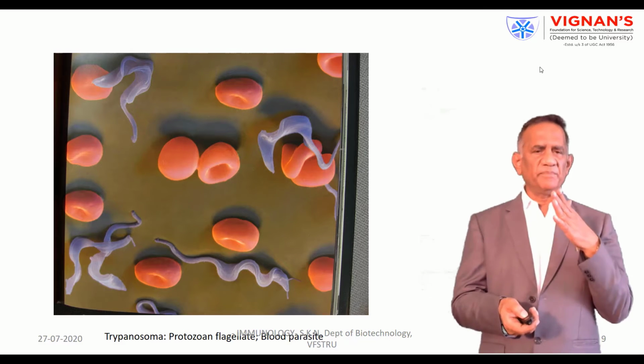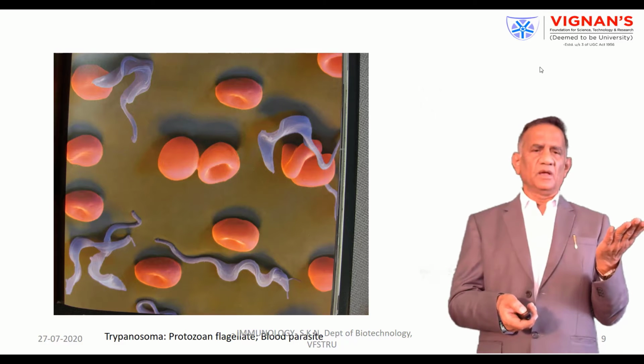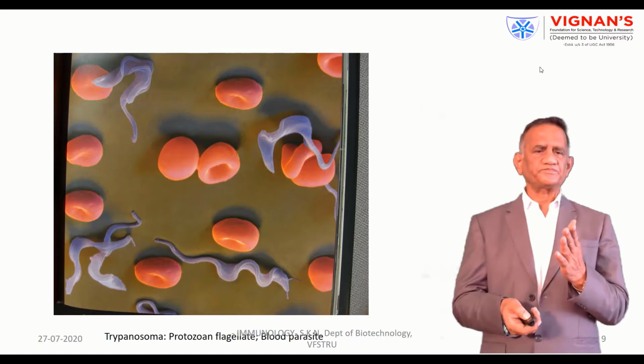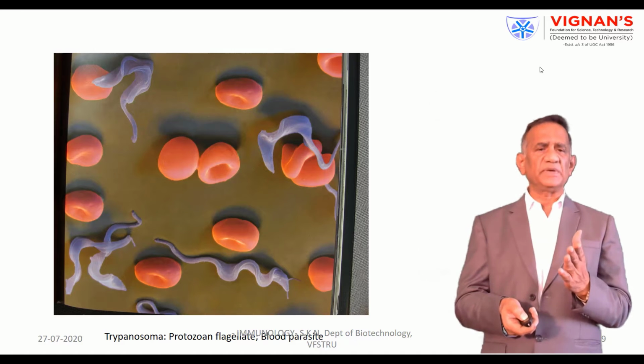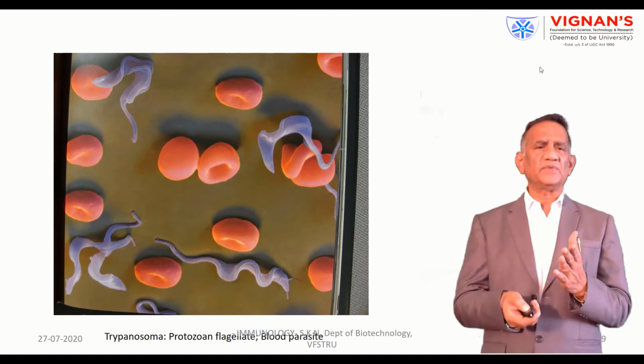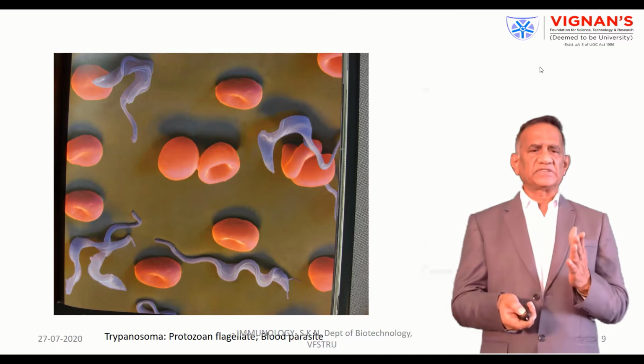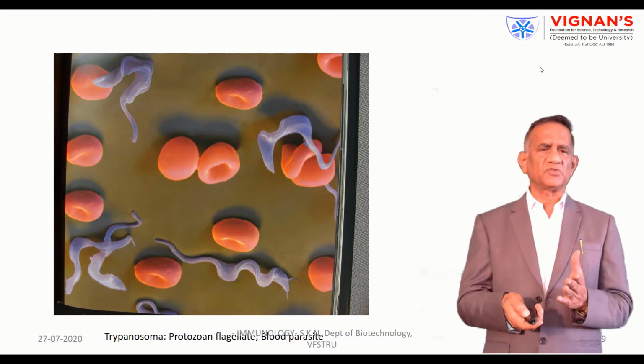Vaccines are being developed basically for viruses, partly for bacteria, not for protozoa so far. People suffer from sleeping sickness due to this Trypanosoma. It is so clever that its surface proteins keep changing. That antigenic drift is there in Trypanosoma.